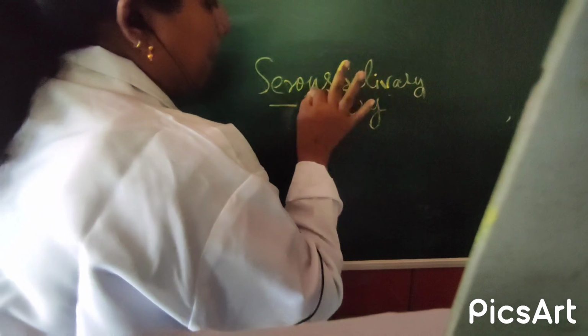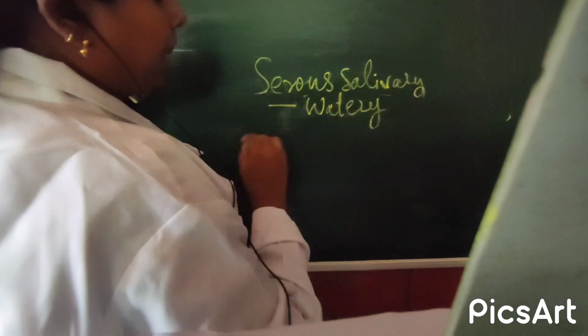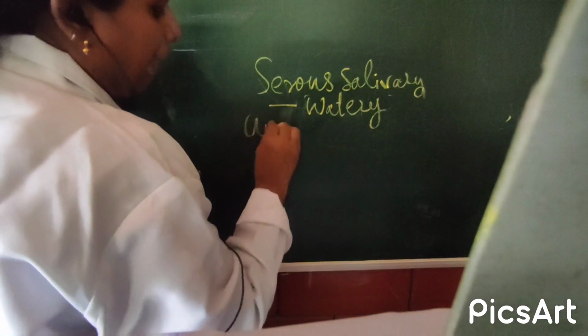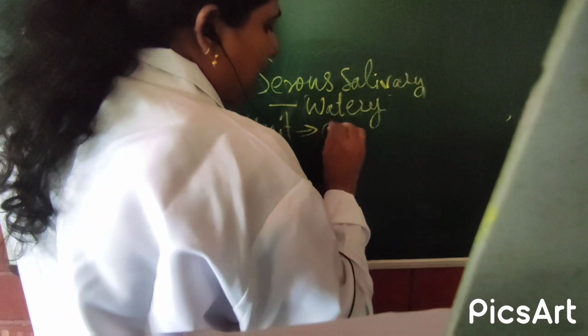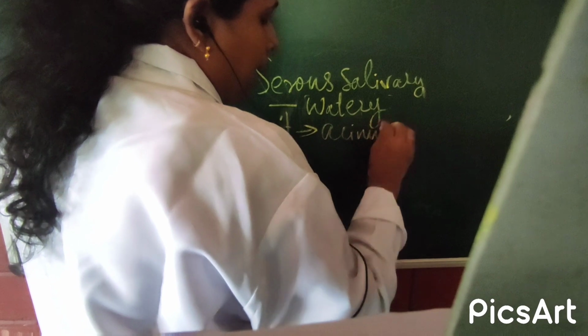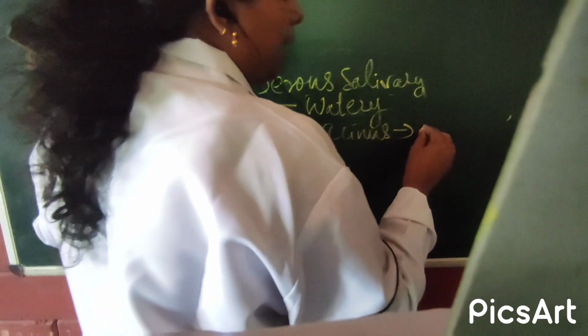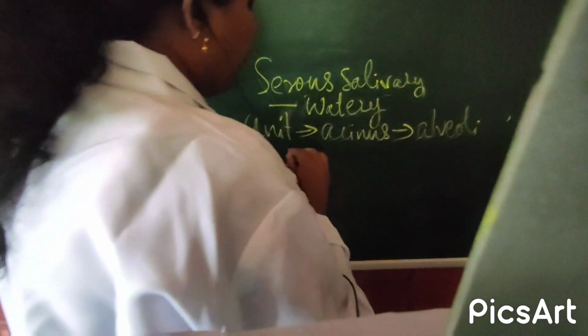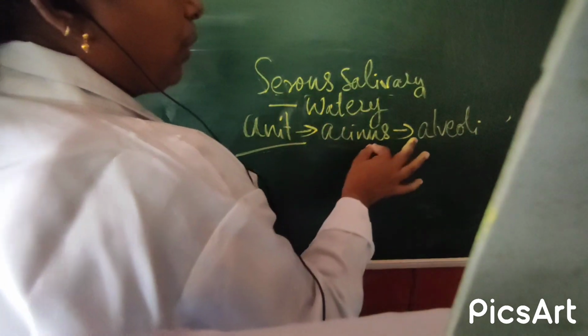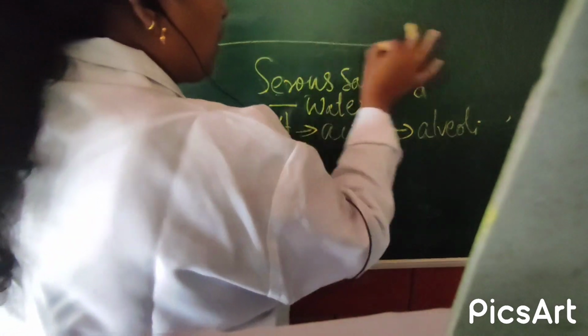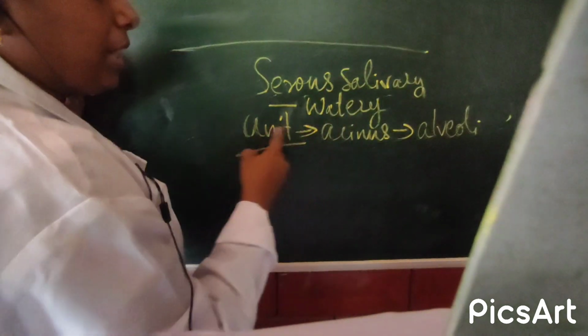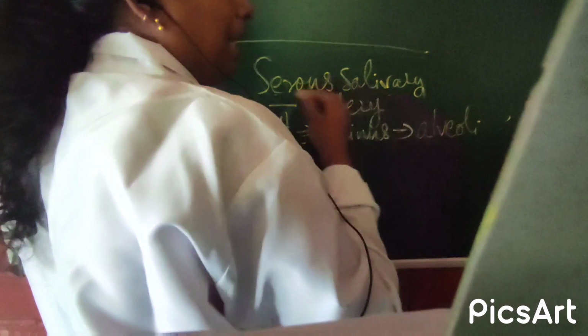The unit of the gland which produces the secretion is known as the acinus, or acini, otherwise known as alveoli. So the parotid gland possesses a number of serous acini.